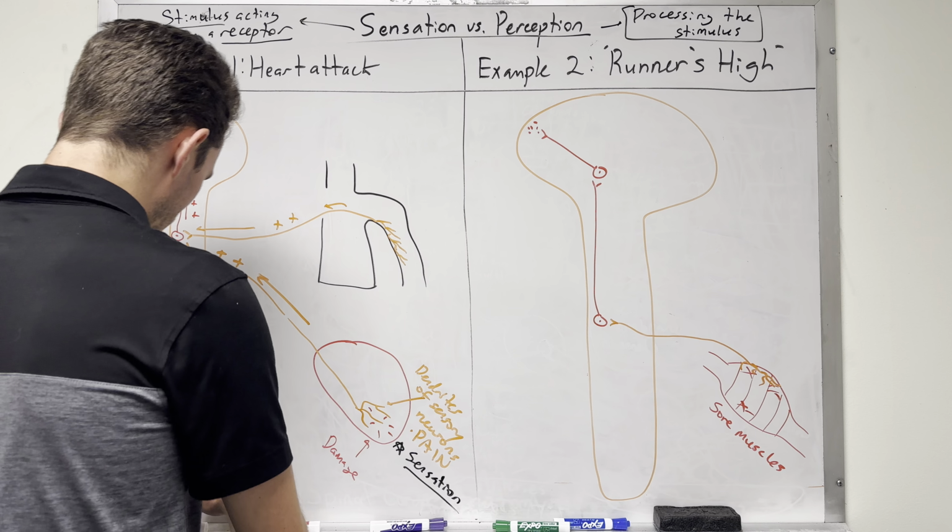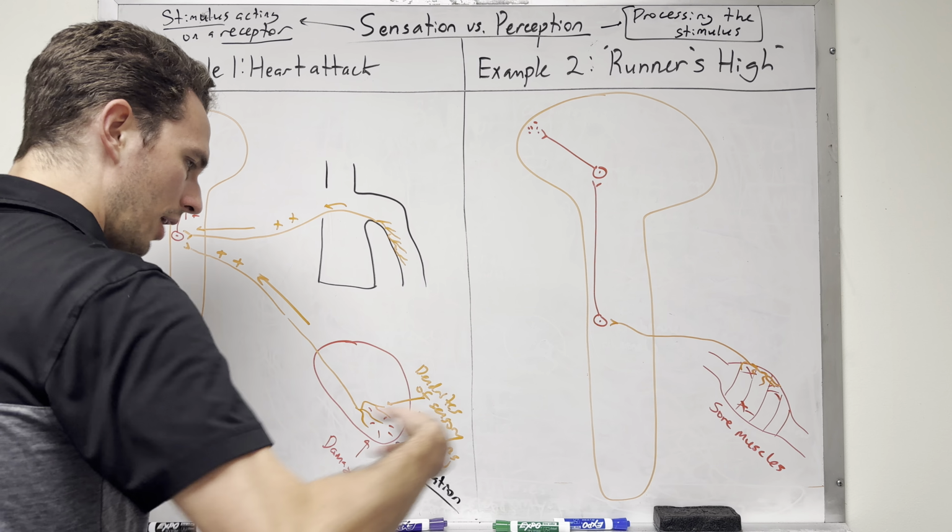So first off, let's just precede this with saying, hey, whenever this guy sends its action potential about that pain, because this is some sort of painful stimulus, we're going to stimulate this guy, send his action potential, and therefore detect pain here. So this is our perception of pain. Perception of pain. Very good.